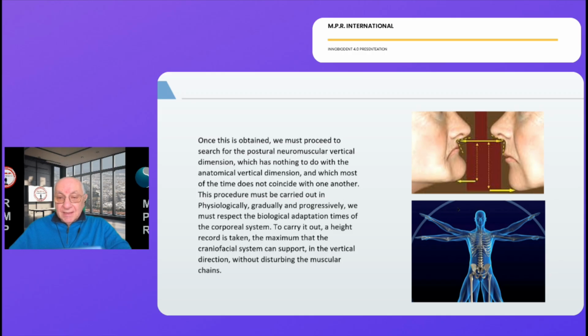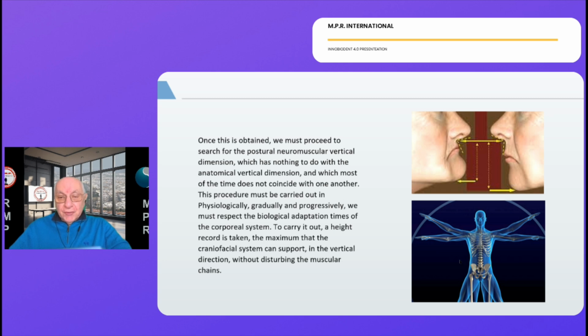Rather, it is individualized and must be discovered through a physiological, progressive, and gradual process that respects the patient's neuromuscular adaptation capacity. To determine this dimension, we carry out a vertical height recording, identifying the maximum height that the craniofacial system can tolerate in the vertical axis without disrupting the muscle balance.